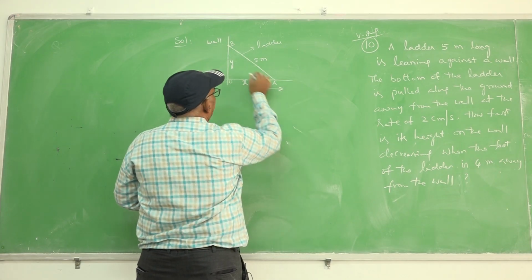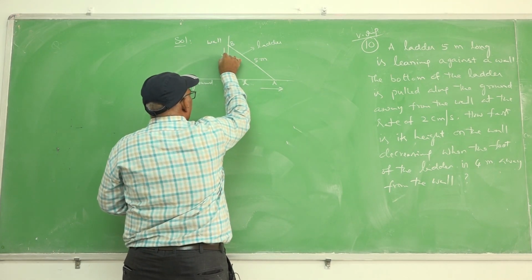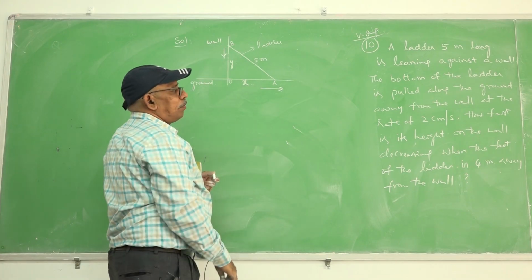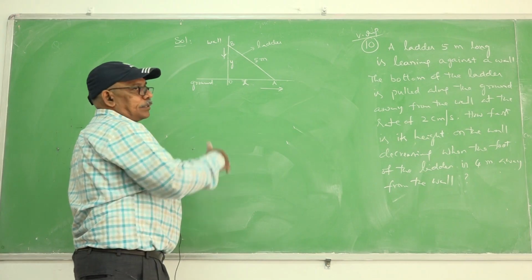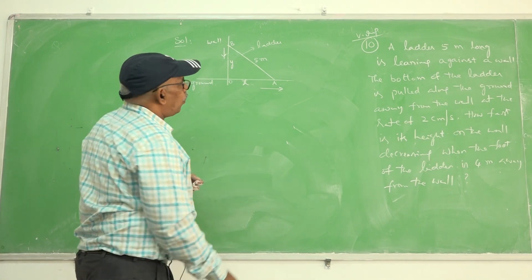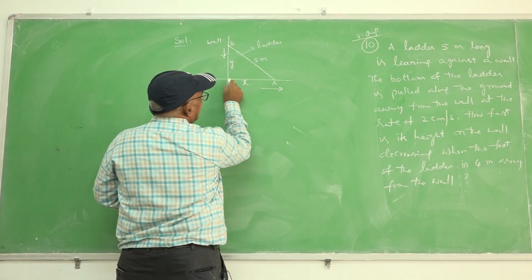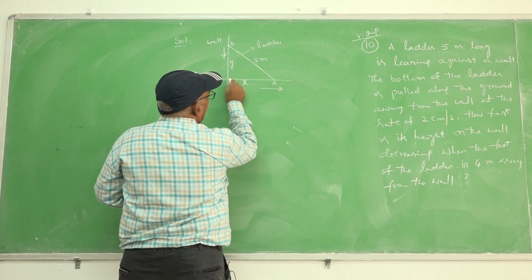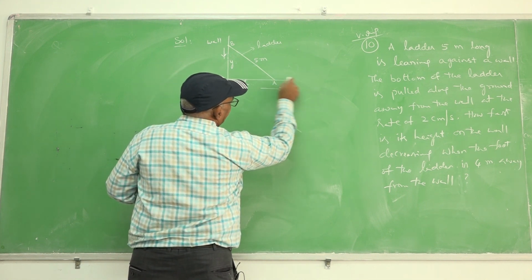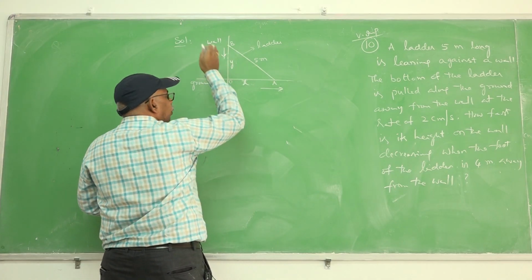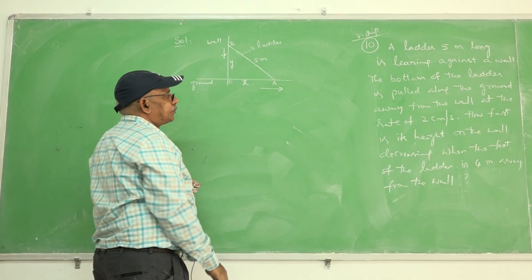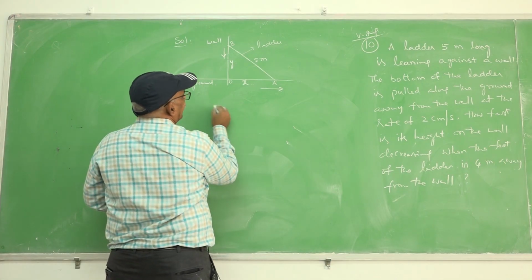Once the bottom is moved away from the wall, the height that the ladder covers decreases. Once x increases, that means the bottom is moving away from the wall, then automatically y is decreasing.